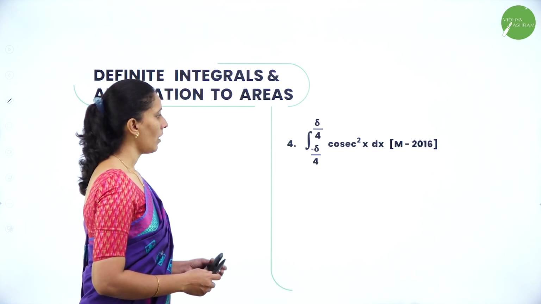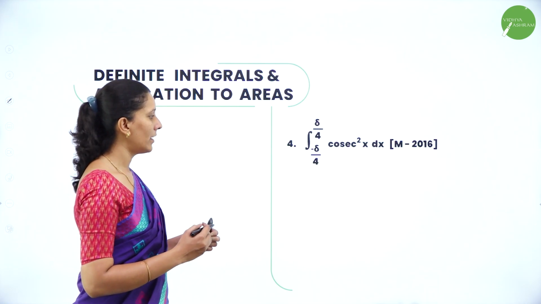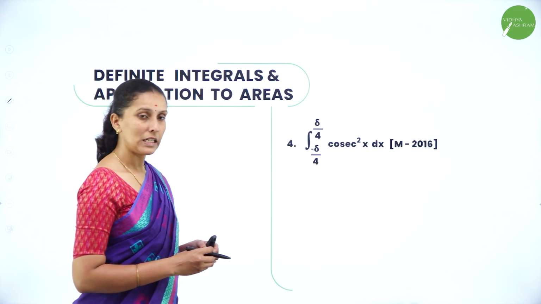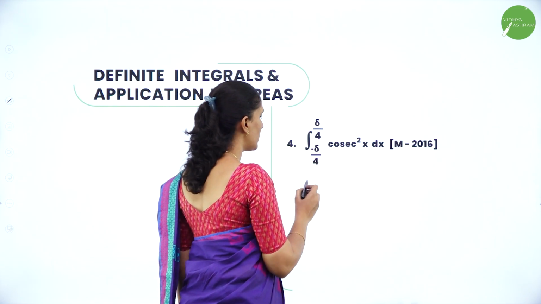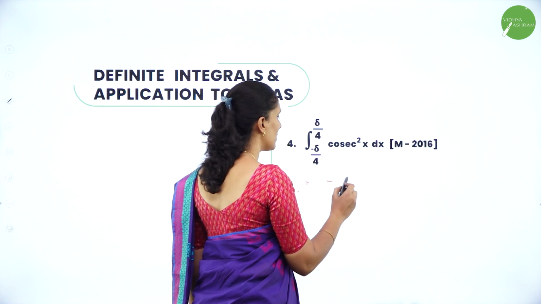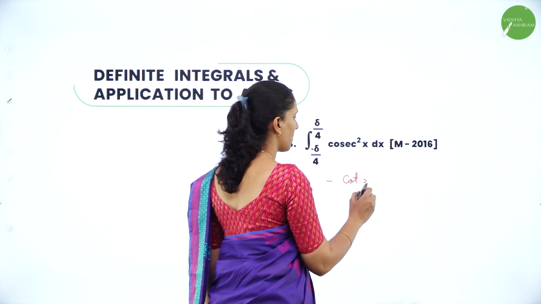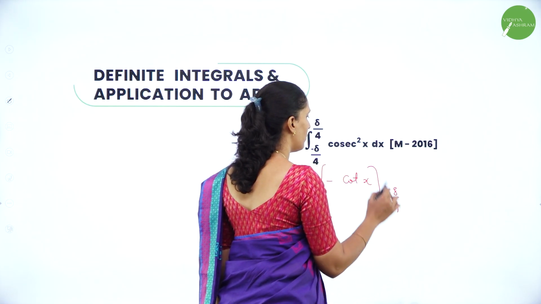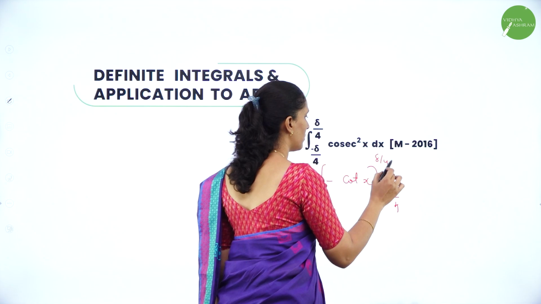Next, integral minus theta by 4 to theta by 4 cosecant square x dx. Integral of cosecant square x is minus cot x. So minus theta by 4, theta by 4.